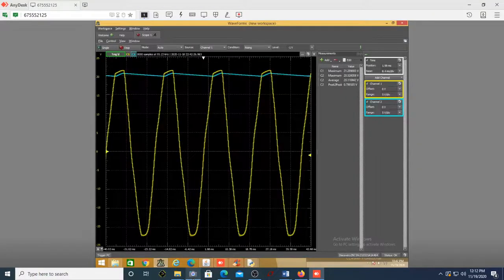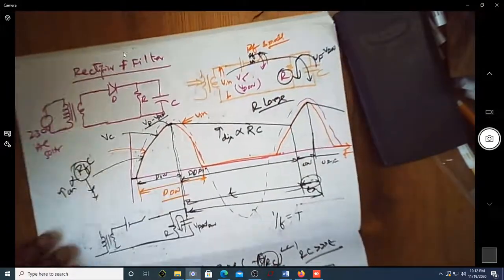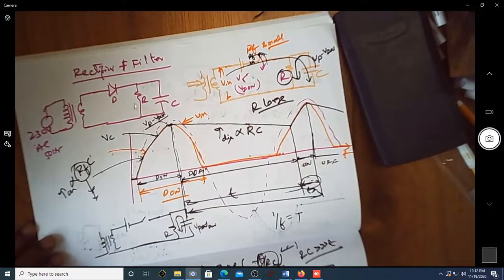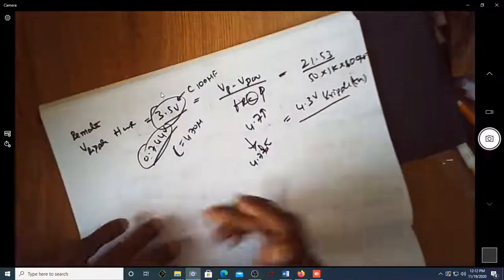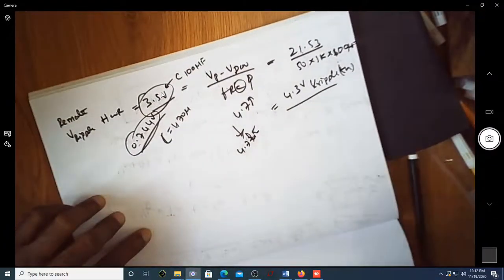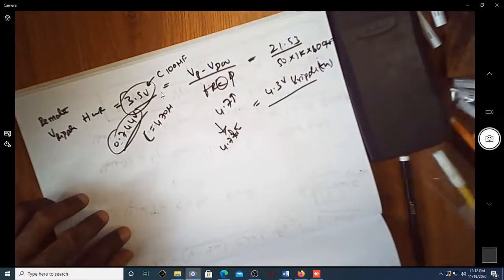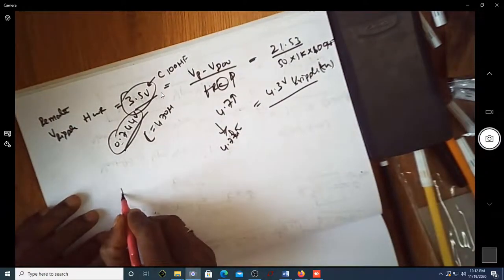We had this circuit now. Let me just show you. This is what I have. This is rectifier plus filter. Along with that, we shall add a regulator also. Let me just write that.